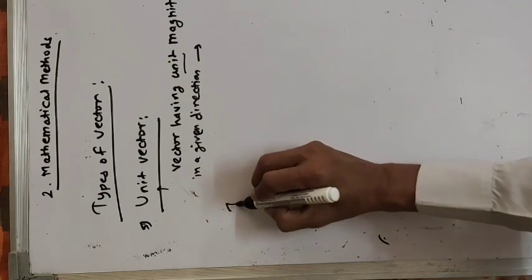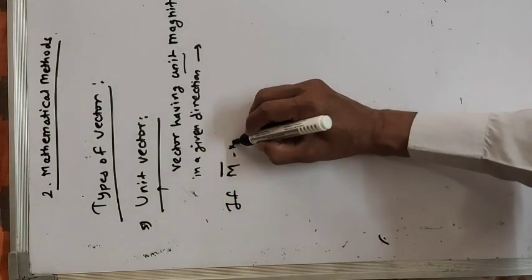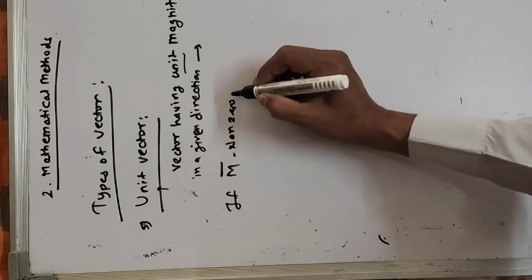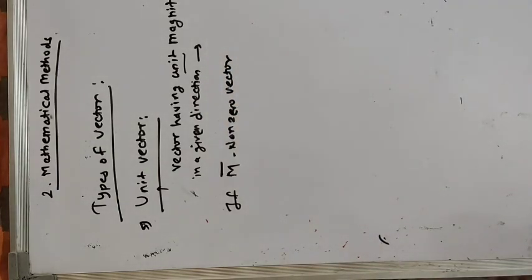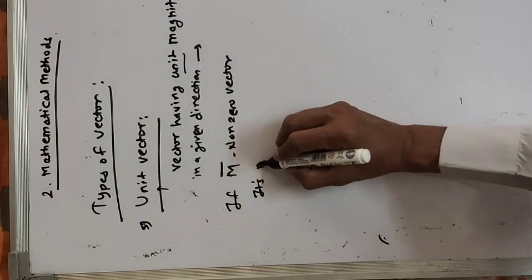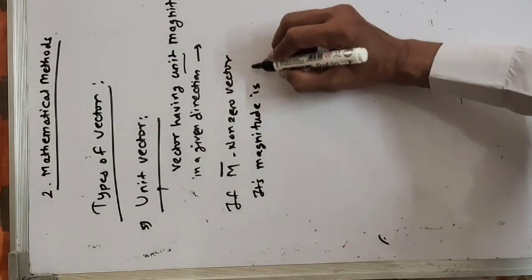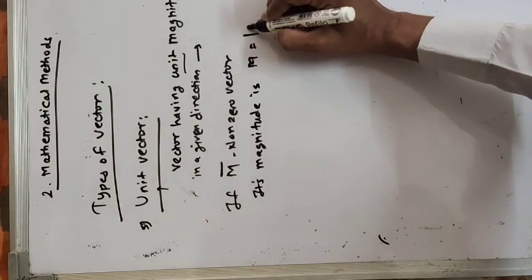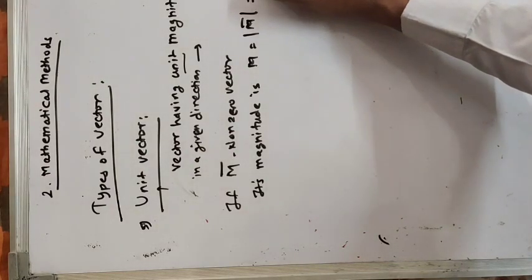Now consider that M bar is any non-zero vector. Its magnitude is m, equal to the magnitude of m bar, and it is not equal to 0.